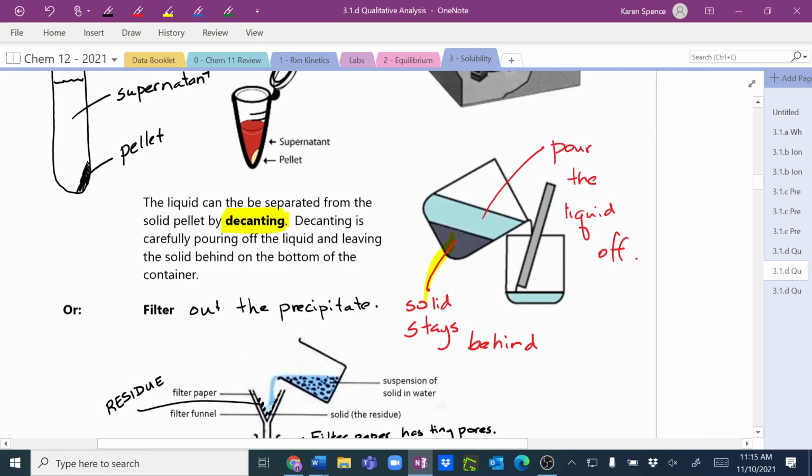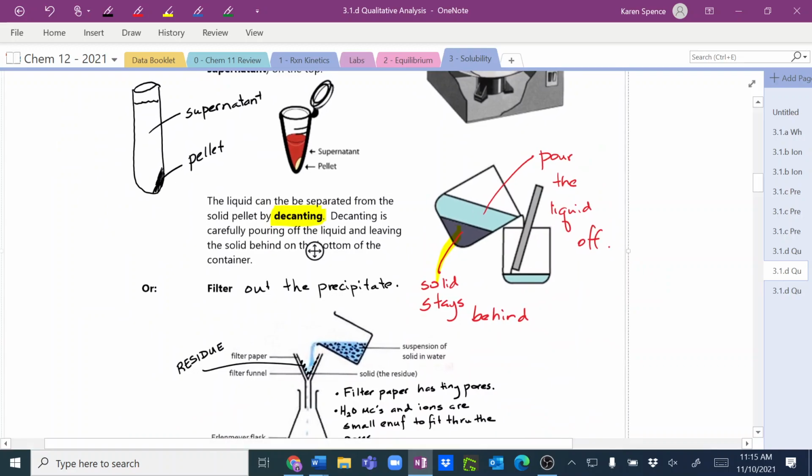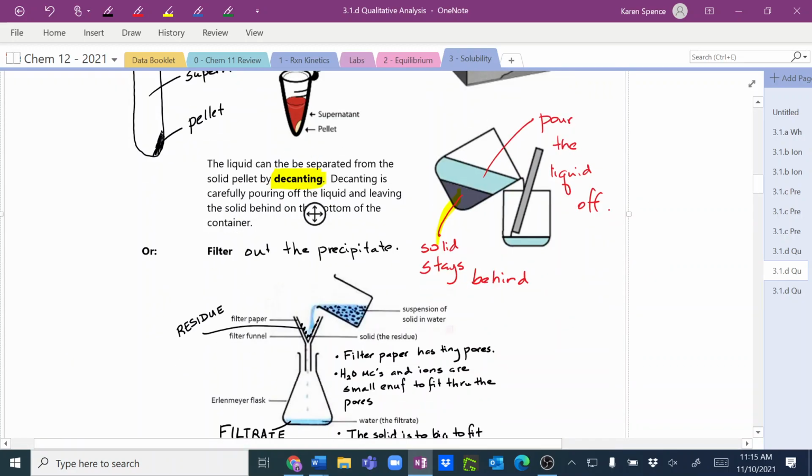They didn't have any pictures of decanting from a test tube, so I was stuck with a picture of decanting from a beaker. But I think you guys can make the leap to imagining that coming out of a test tube.